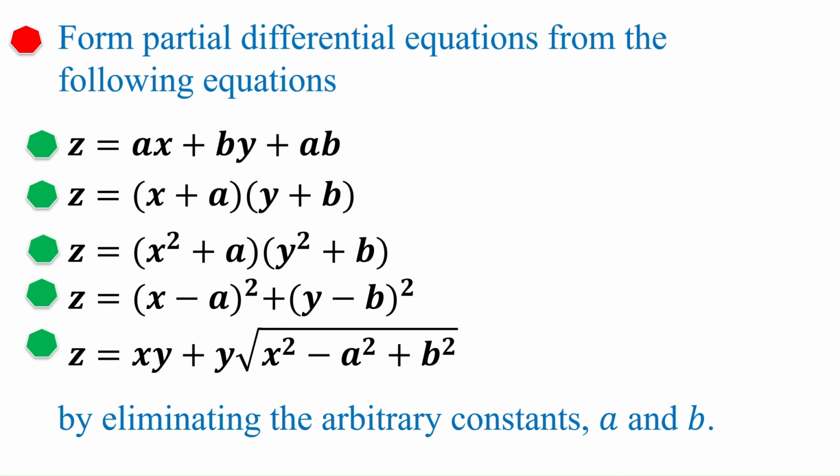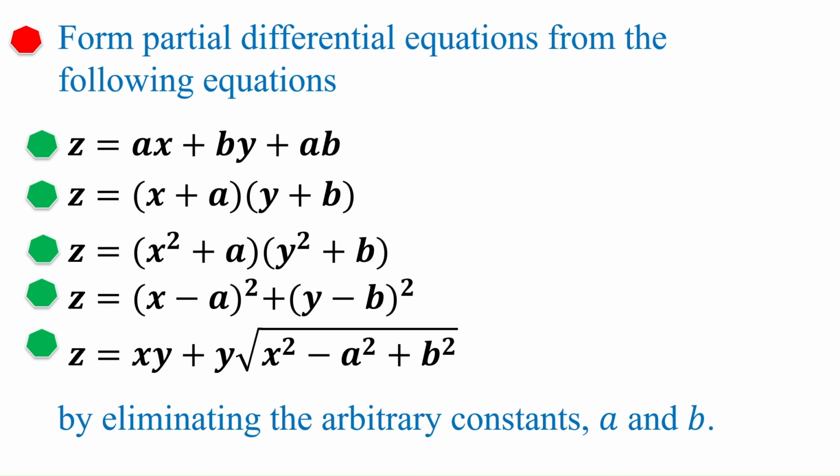Here are some questions. You do these yourselves. You have to form partial differential equations. Form the following equations by eliminating the arbitrary constants a and b. Question number 1. z equals ax plus by plus ab. Question number 2. z equals (x plus a) multiplied by (y plus b).